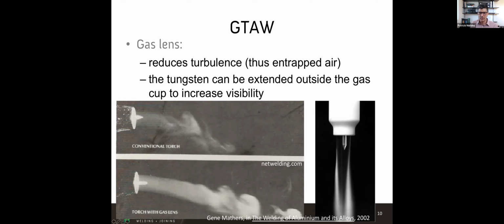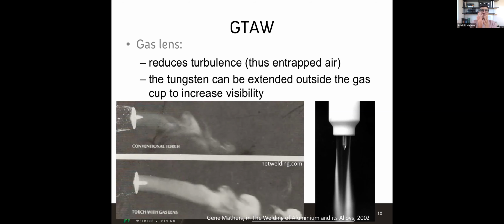Here you have another image of the gas lens. A gas lens is, if ever any of you was exposed to wind tunnel testing of race cars or things like those. In a wind tunnel, you have a fan, and between the fan and the scale model you're testing, they have a series of kind of baffles that get the air very, very straight.